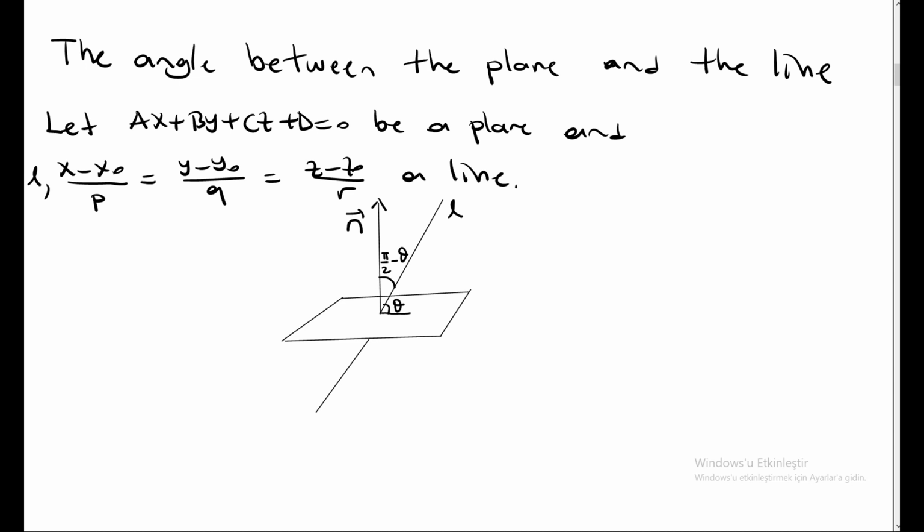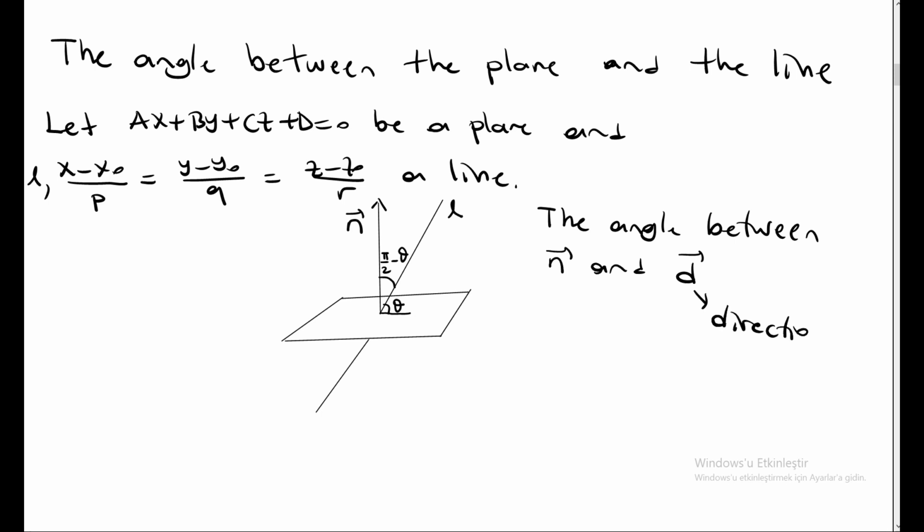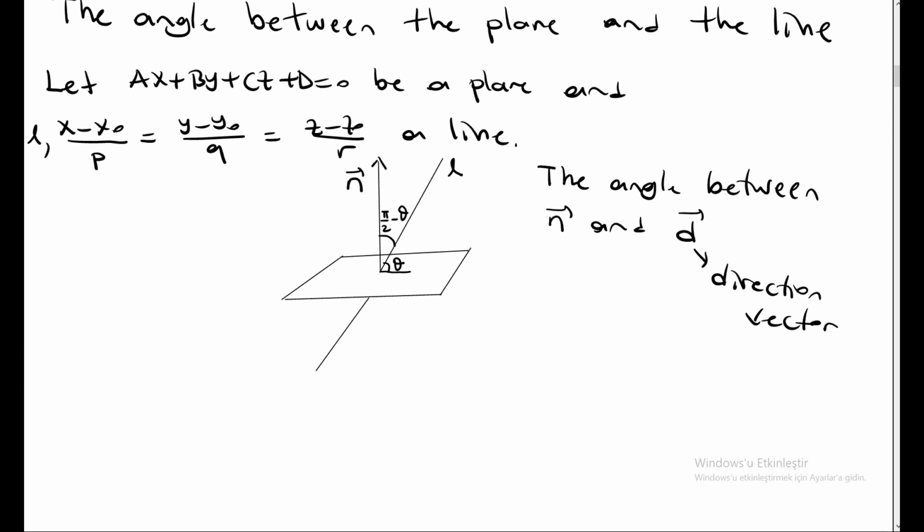So the question reduces to this one: the angle between the plane and the line reduces to the angle between n and d. D is the direction vector. So now cosine of theta, cosine of pi over 2 minus theta, because this angle is this one.